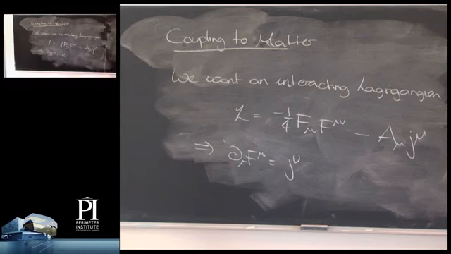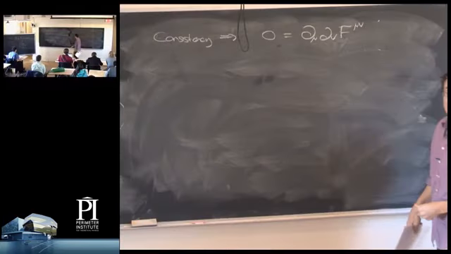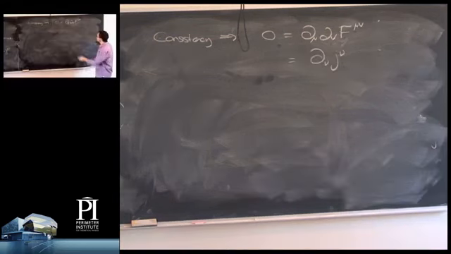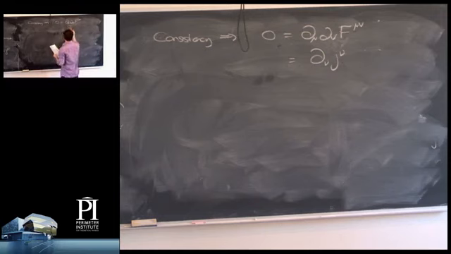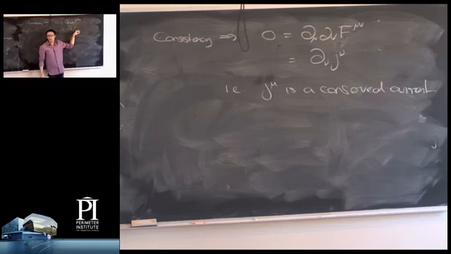However, it turns out we can't put any function of other fields as J mu here, because there's a consistency condition. Just by symmetry, if I act with another derivative, this is symmetric, this is anti-symmetric, so it's 0. Which means that this current has to obey d nu J nu equals 0 when the equations of motion are obeyed.